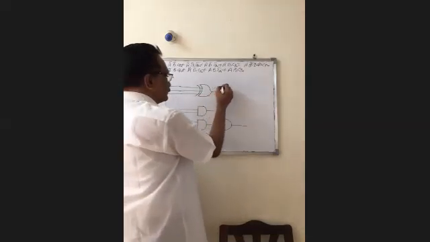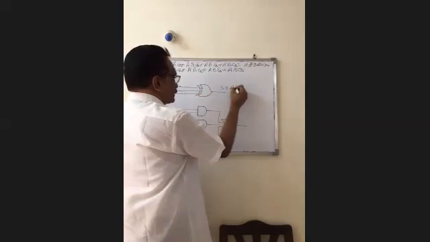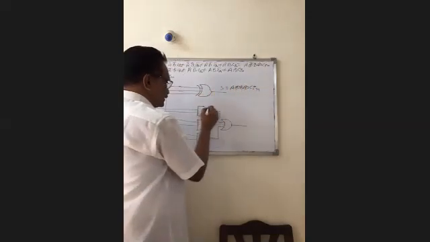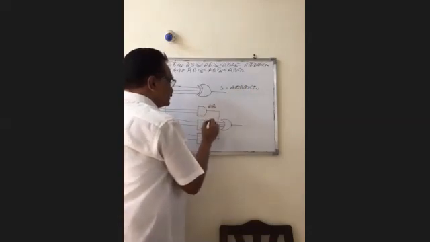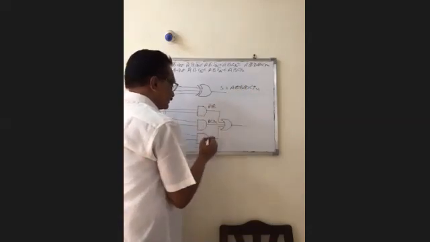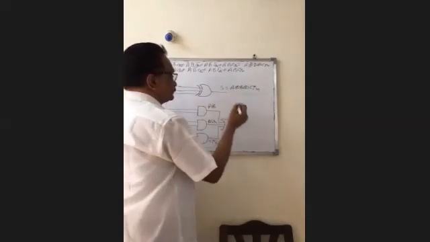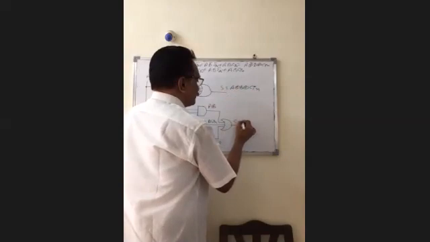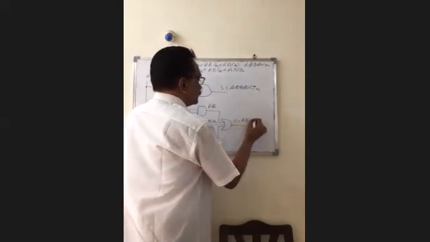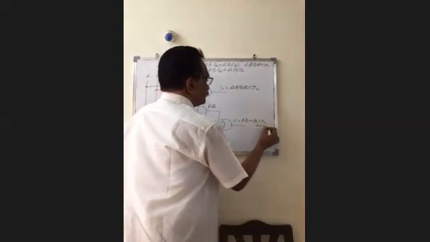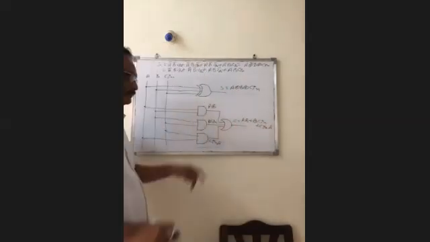What is this one? Sum output S equals A exclusive OR B exclusive OR C in. So this is the AB, this is the B into C in, this is the C in into A. So the carry output is equal to AB plus B C in plus C in into A. So that is the minimal expression.